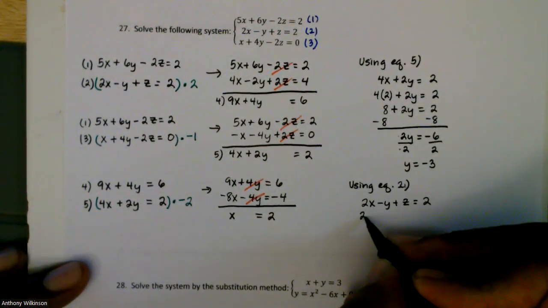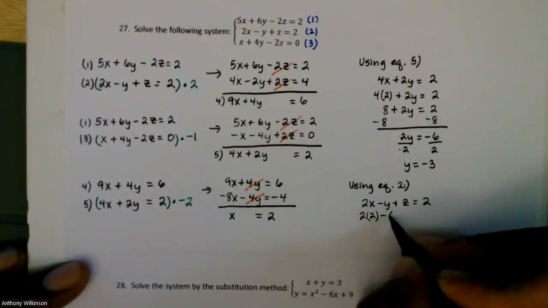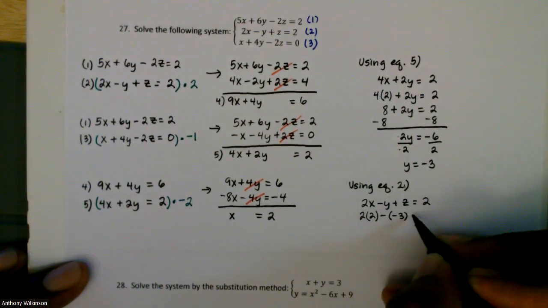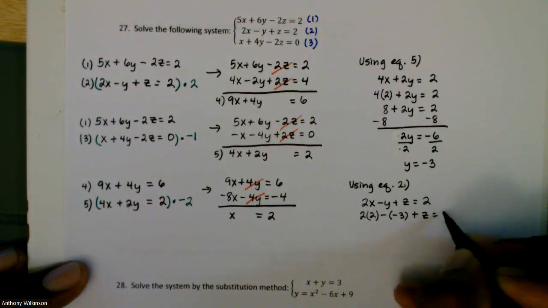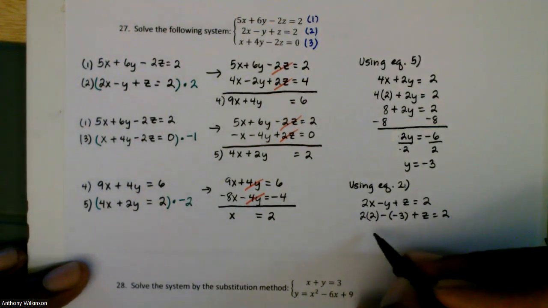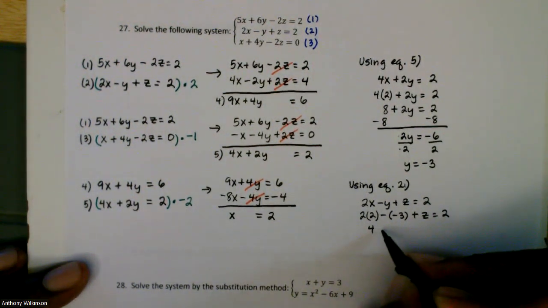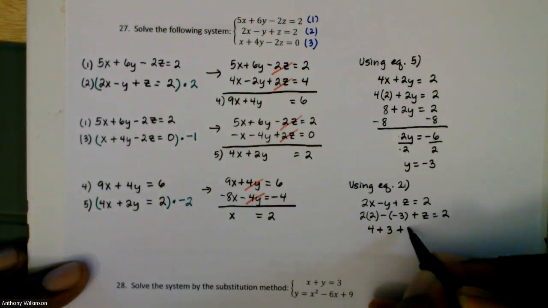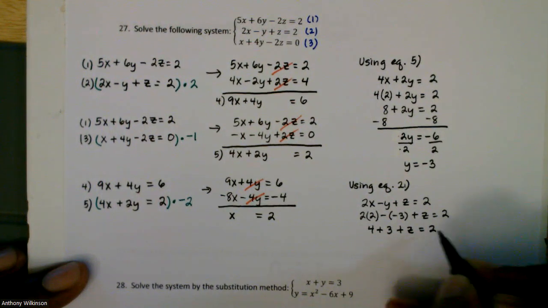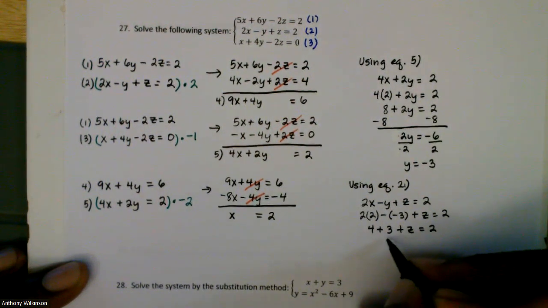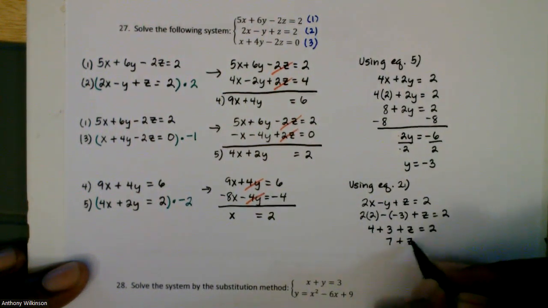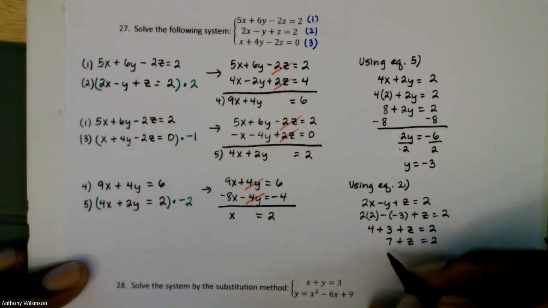Well, x is 2, so it'll be 2 times 2 minus y, which is negative 3, plus z is equal to 2. 2 times 2 will be 4, minus the negative 3 will be plus 3, plus z is equal to 2. 4 plus 3 will be 7, plus z is equal to 2.